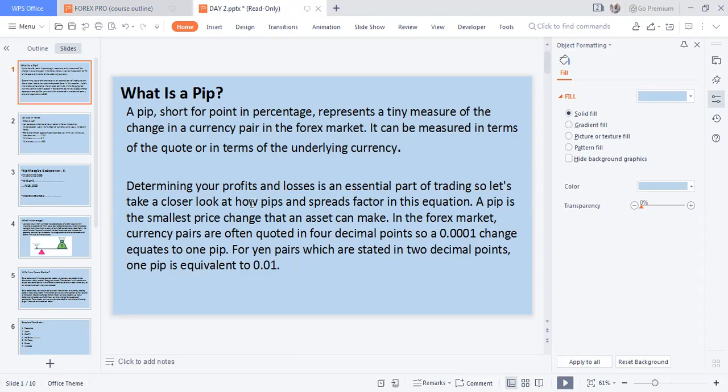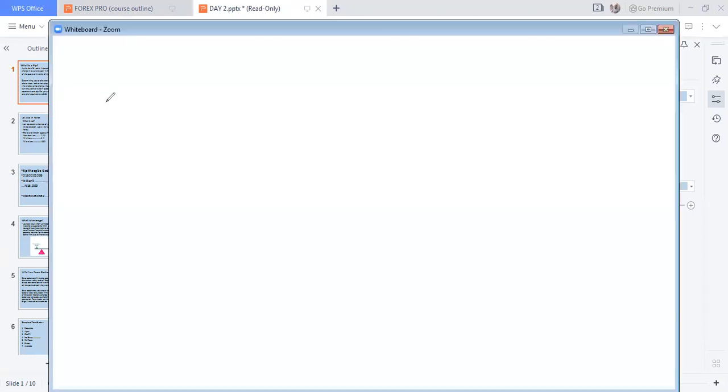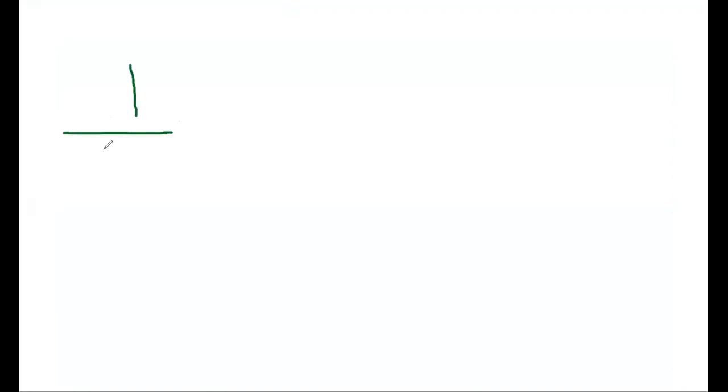Now, what a pip means, there is a mathematics I used to use for this, which has been so helpful. It goes like this. A pip is just 1 over 10 times 1 over 100... no, 1 over 100 times 1 over 100.